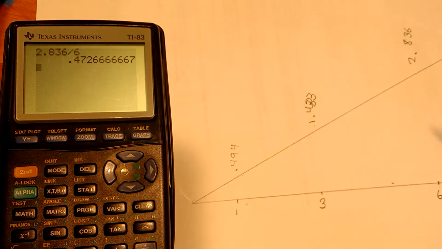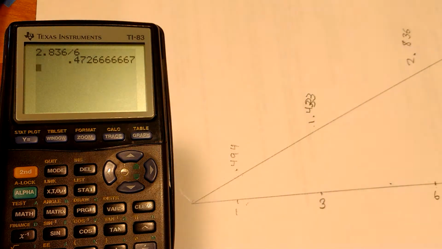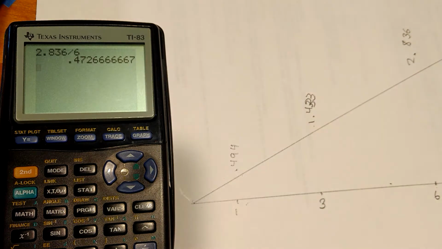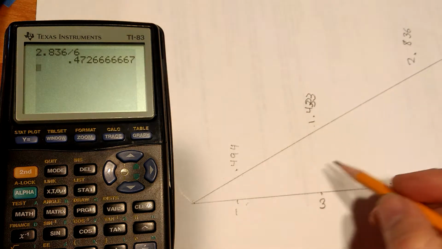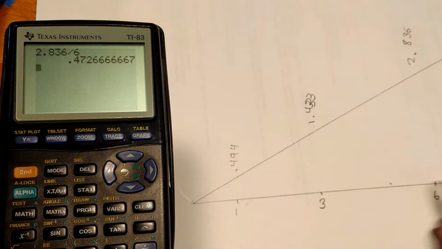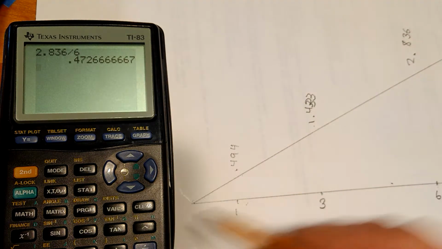So you can see that with two straight lines that come to a point here and diverge, if you double the distance here, you double the distance here. It's a simple relationship. So having 1 inch here and 6 inches here is the same slope as having 1 mile here and 6 miles here.